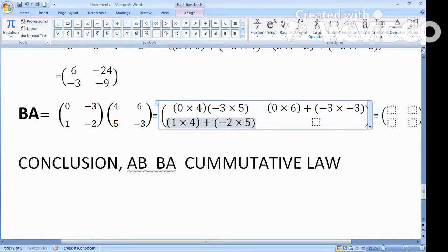And then you're going to have 1 times 6 plus -2 times -3.